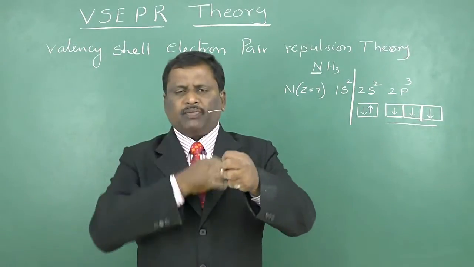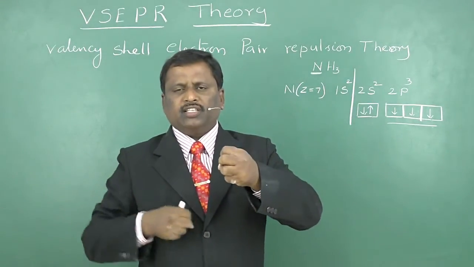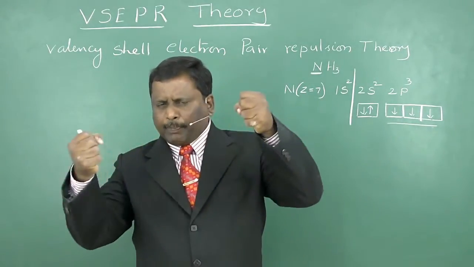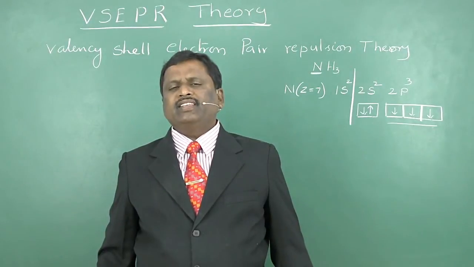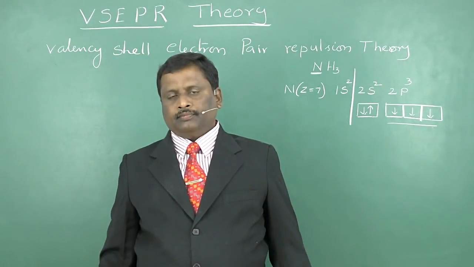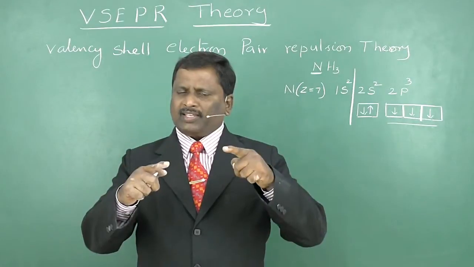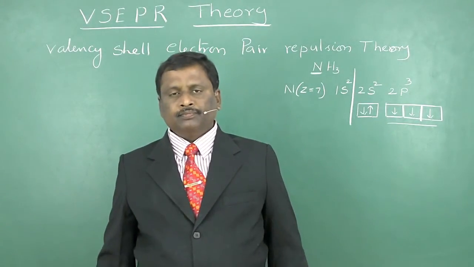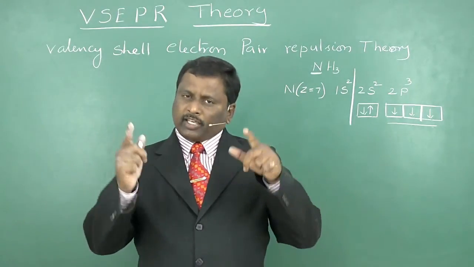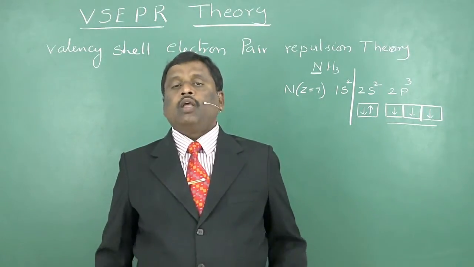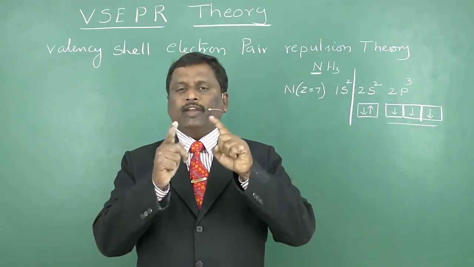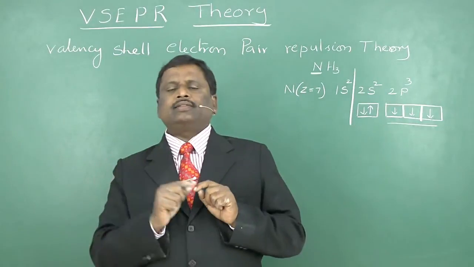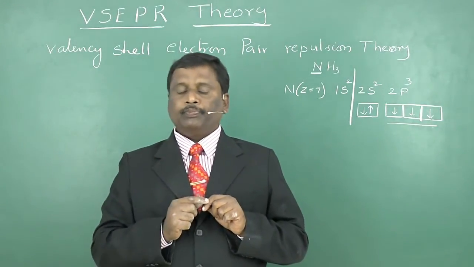Around the central atom, negative charges are concentrated, so there will be repulsion between these electron pairs. If all pairs are involved in bonding, the repulsive forces are the same, so those molecules will have the same bond angles.